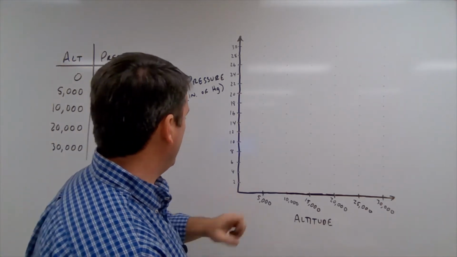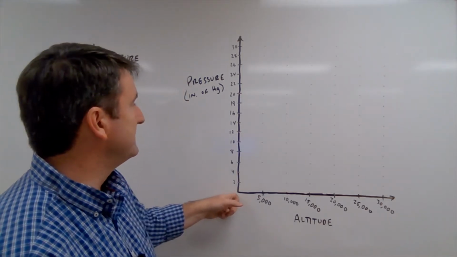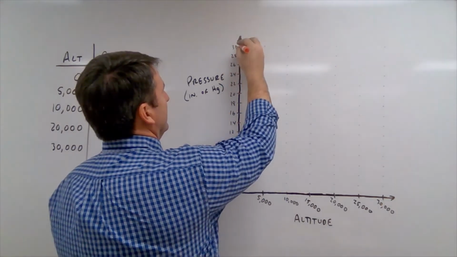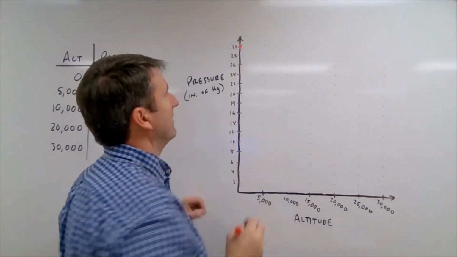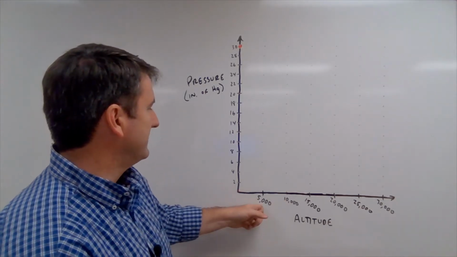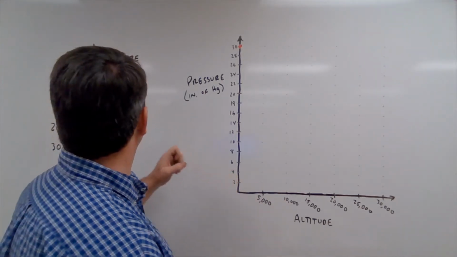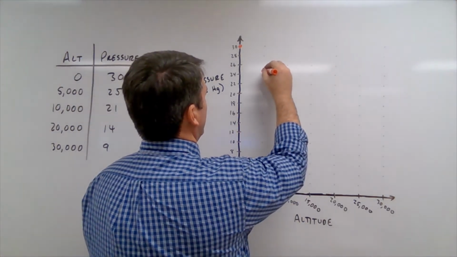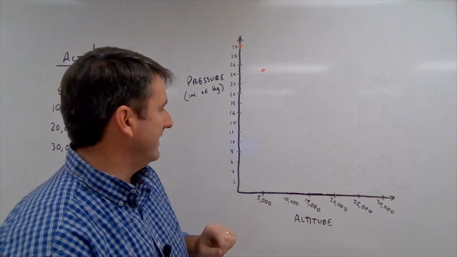All right, and so we know that at an altitude of 0, our air pressure was at 30 inches of mercury. So we'll put our first point there. And then when the altitude is 5,000, we had a pressure of 25. So we'll plot our second point right there.